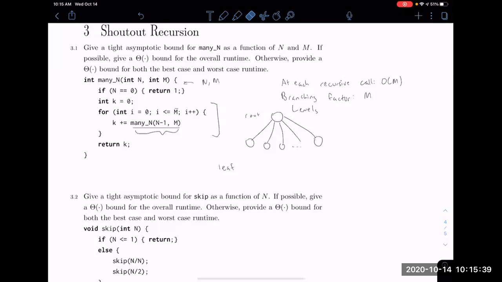So the root has n equals n, and then the next level has n minus 1, and the next level has n minus 2. So when is this 0? It's when we're at level n. So this implies that our tree is of height n.